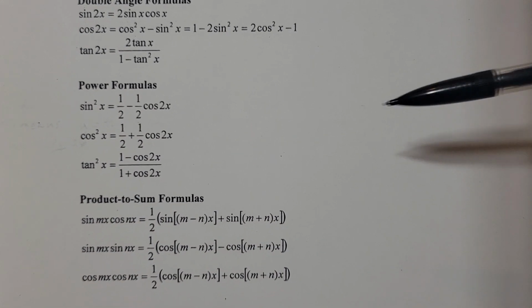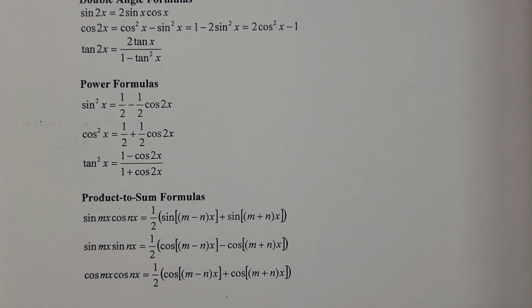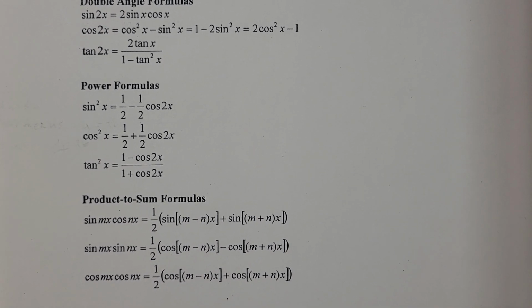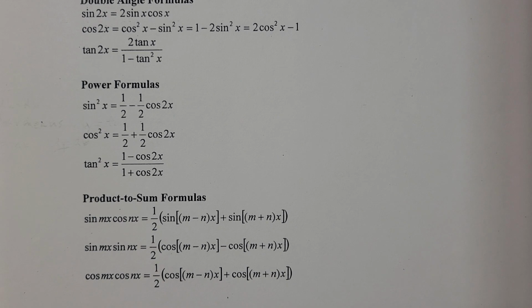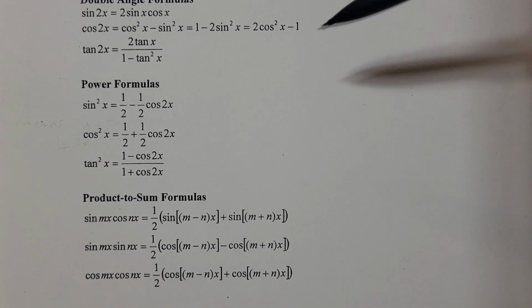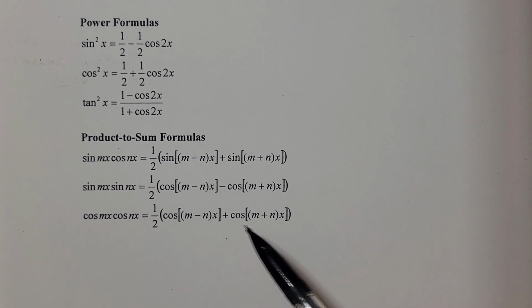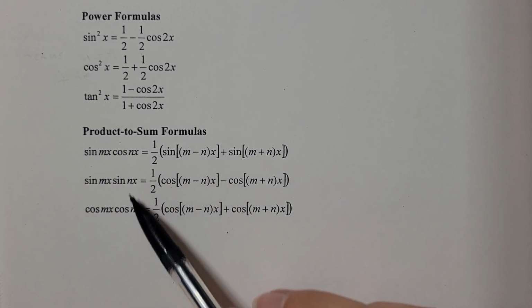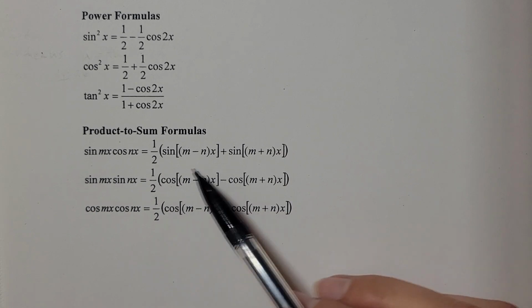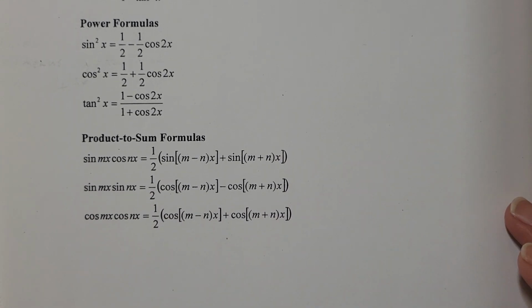The power formulas, you'll see those a lot for sine squared x and cosine squared x when we get into chapter 10. They'll be used a lot there. And then also in this section, there's the product to sum formulas. We'll need to know those at the end of this section.